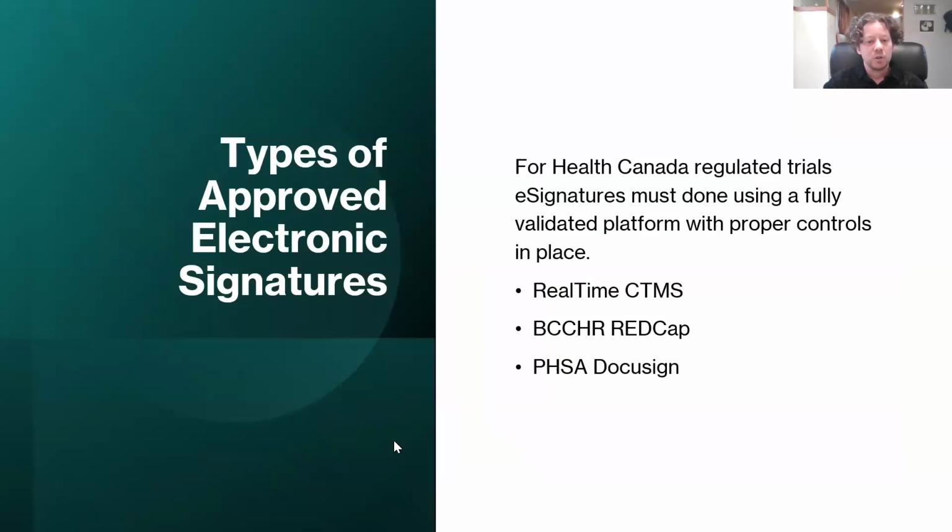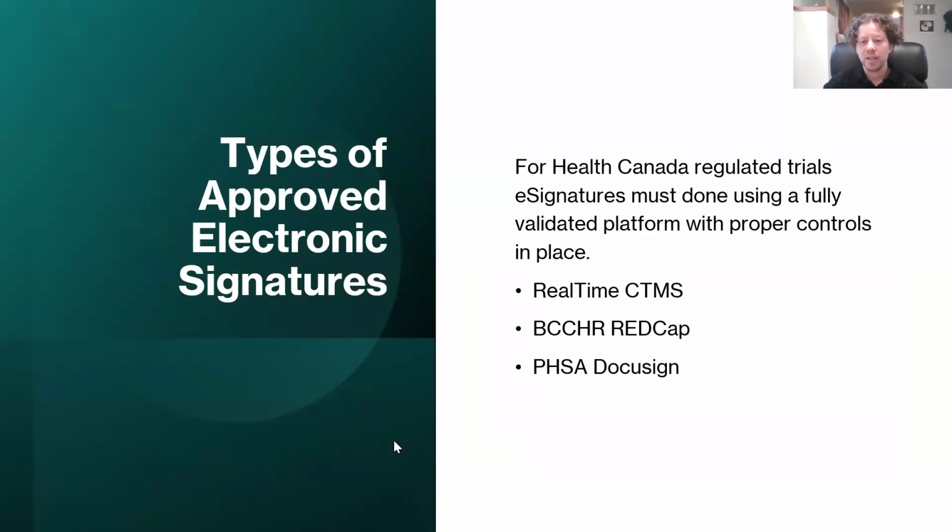And so you can use electronic signatures, which actually really helps with a lot of these issues. It makes it much easier to document both at the time and for late entries. But you have to use an approved electronic platform. So for regulated trials, we have the following available at our PHSA institutions. We have real-time CTMS, we have the BCCHR instance of REDCap, and we also have PHSA DocuSign.